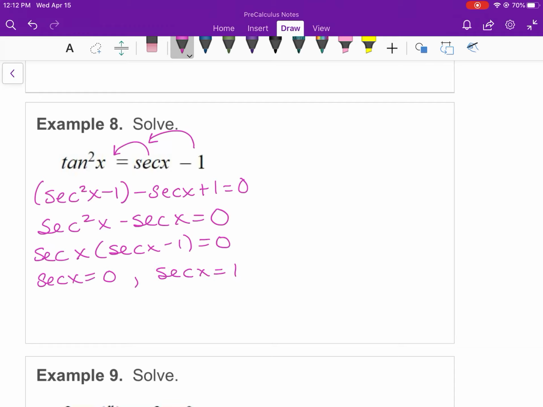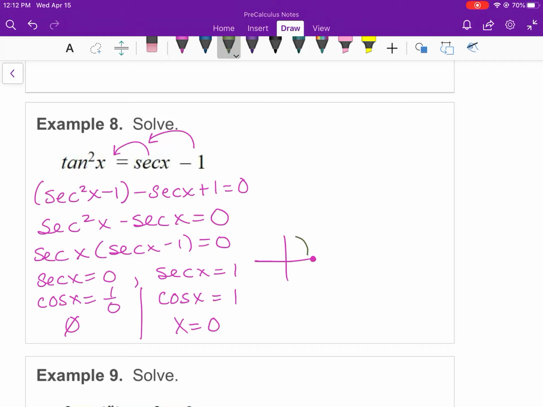So if secant x were 0, that means the cosine of x is undefined. Cosine is not undefined ever, so that piece is no solution. But if the secant is 1, the cosine is also going to be 1. And cosine is 1 at 0. If I put 0 on my unit circle, it's right here.